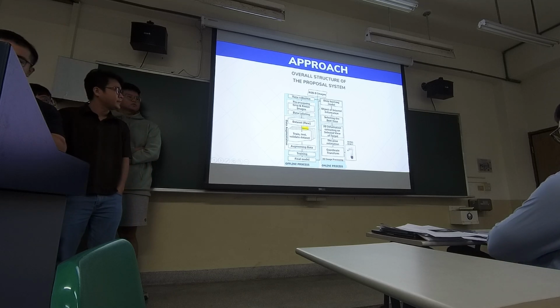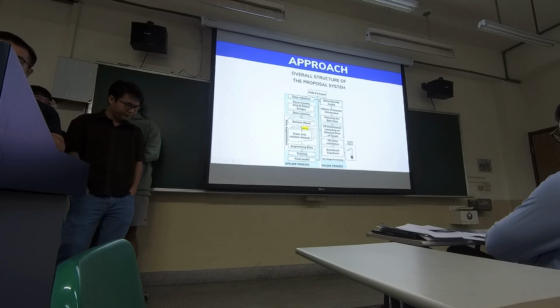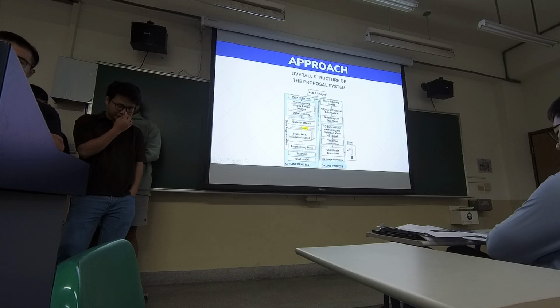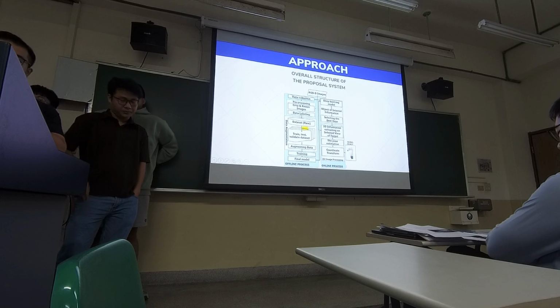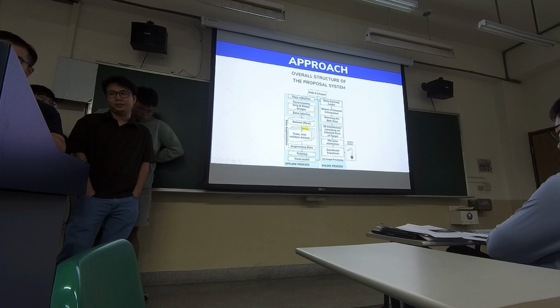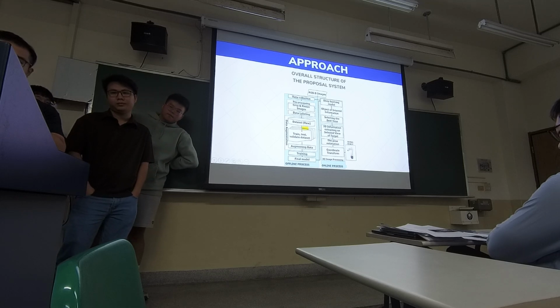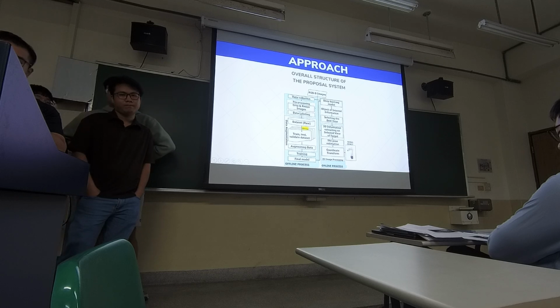For the offline process, it includes the data preprocessing, which has data collection, cropping and resizing the images, and also labeling the data. And we're going to use the processed data to train and to refine the model.